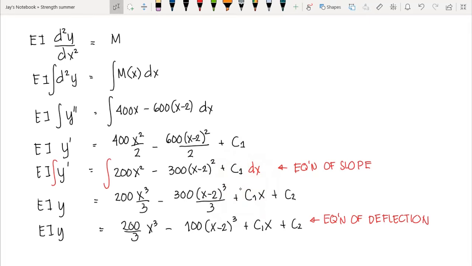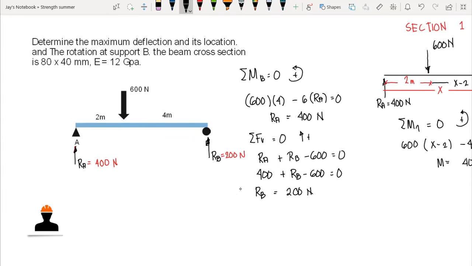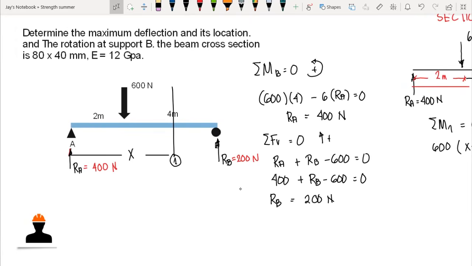Okay? So we have our first boundary condition here: when x is equal to 0, the point is at the support A. When x is equal to 0, we do not have a deflection at this point, unless we have settlement at A. But in this case, our A is rigid, or has no settlement, so therefore it remains at this point even though there is a load acting on this beam.